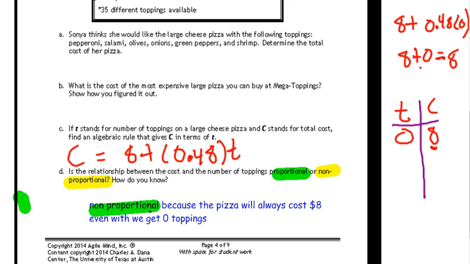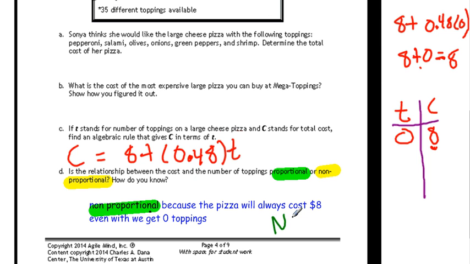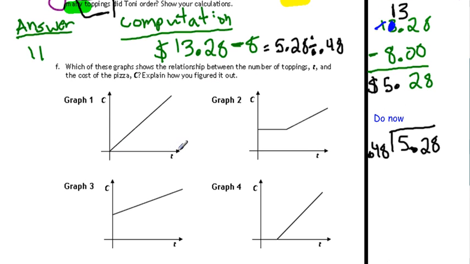That means no 0, 0. No 0, 0. That means it can't be this one.